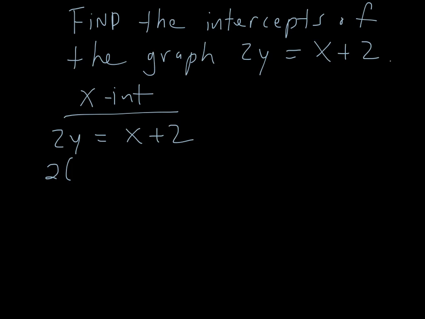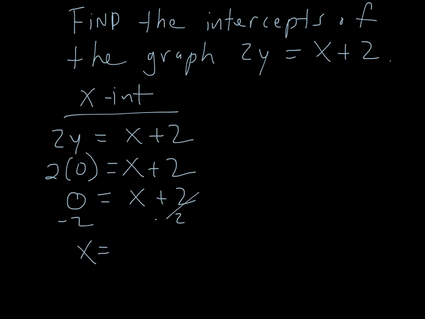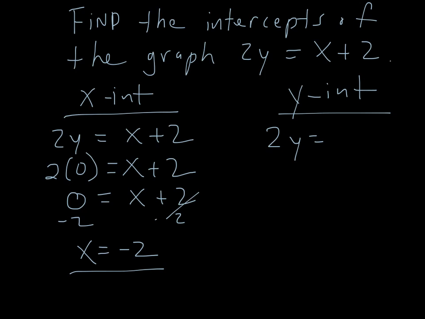Now 2 times 0 is 0 equals x plus 2. I'm going to subtract 2 from both sides, and I get x equals negative 2. This is my x-intercept. And remember, the x-intercept happens where the graph crosses the x-axis, therefore my y-coordinate must be 0.